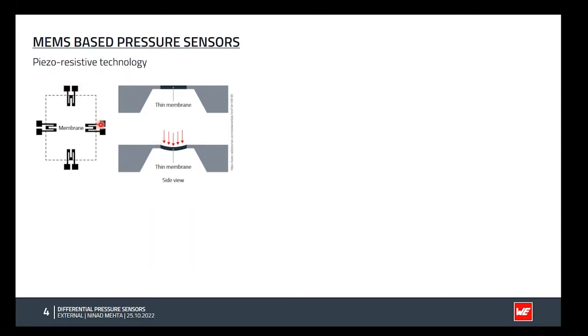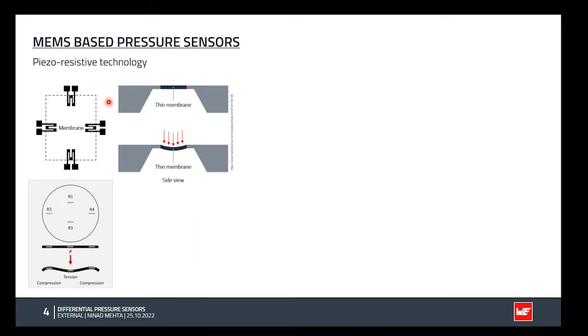Whenever some force or pressure is applied on top of the very thin membrane, even a very small force can cause a deflection in the membrane. That's why the resistivity of the piezoresistor will change, and the material will be under compression or tension, depending on the direction in which the pressure has been applied.